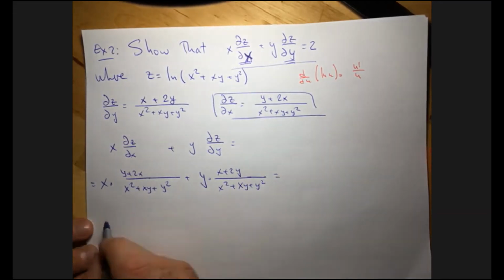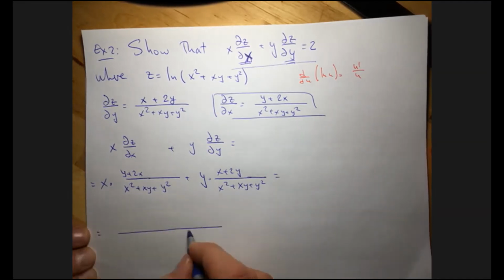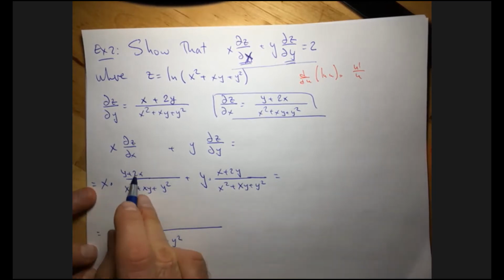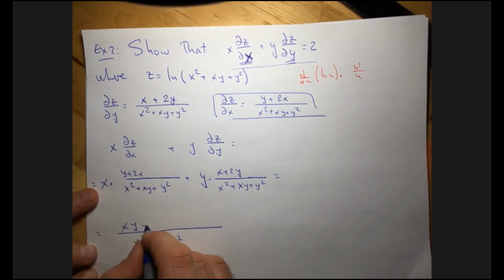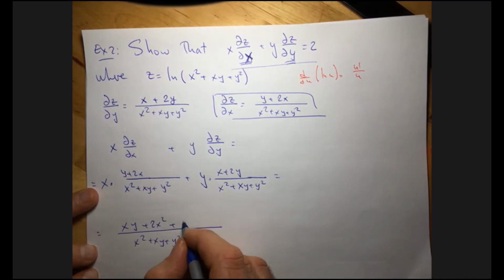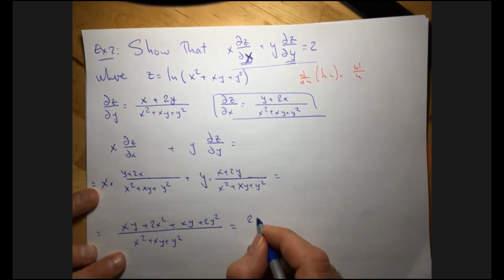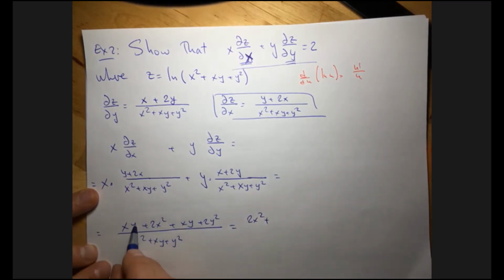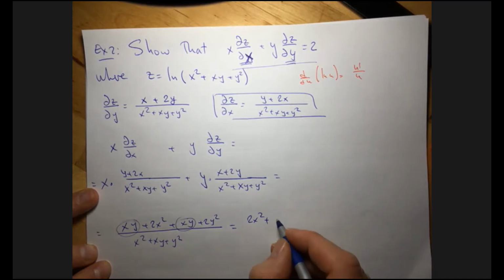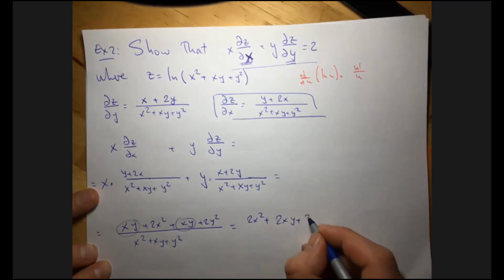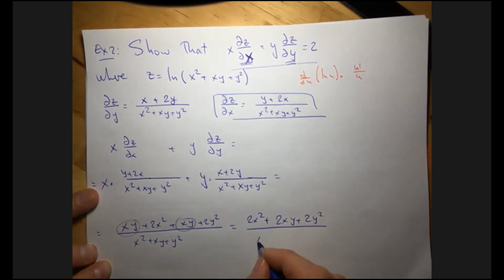The denominator is the same, x squared plus xy plus y squared. Multiply this out: xy plus 2x squared, plus xy, x times y is xy, plus 2y squared, is equal to 2x squared plus xy plus xy is 2xy, plus 2y squared, over x squared plus xy plus y squared.